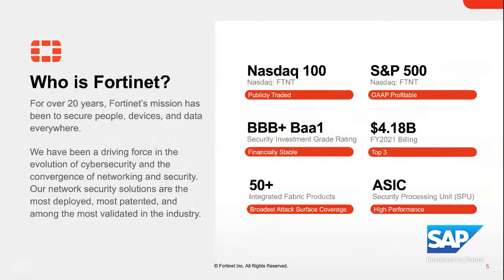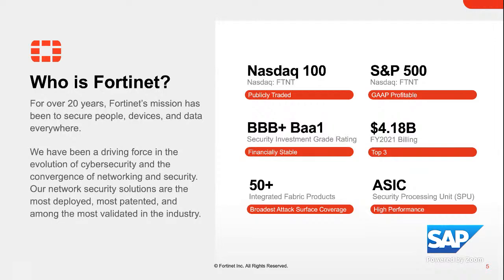So who is Fortinet? Fortinet really is the number one cybersecurity enterprise in the market. We are in business for over 20 years, and last calendar year, which is also our fiscal year in 2021, we drove more than $4 billion of revenue. We have various products.